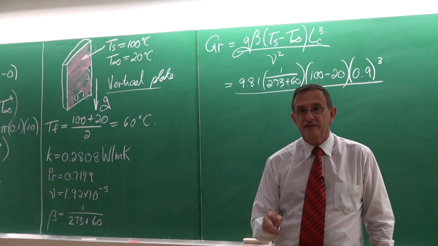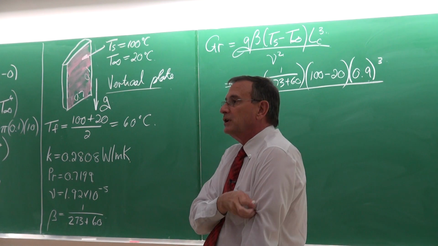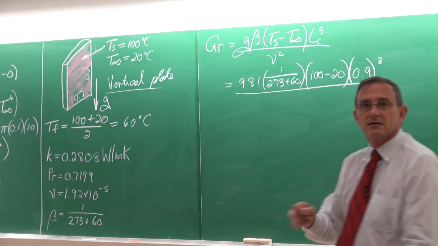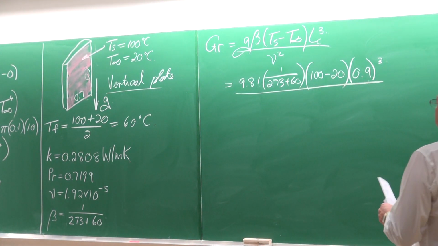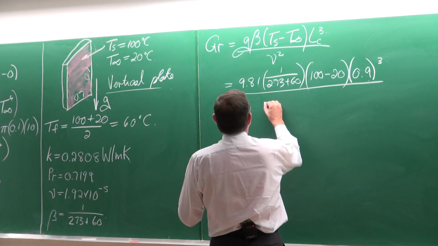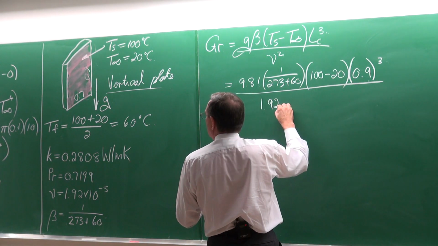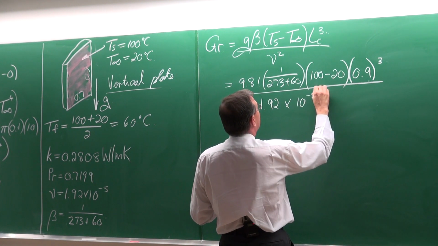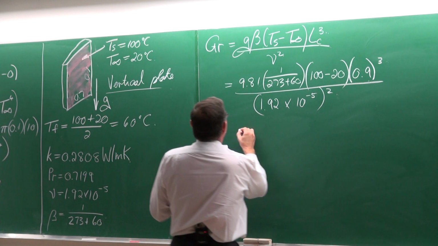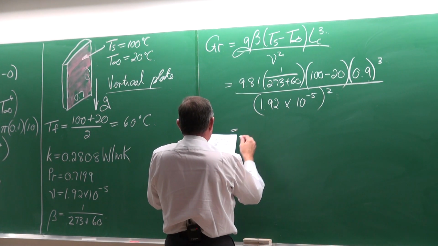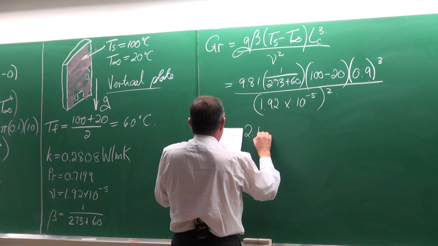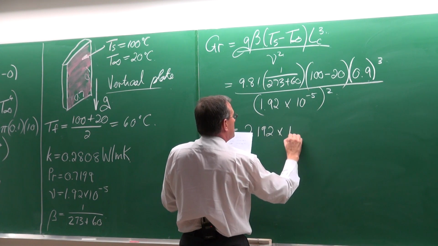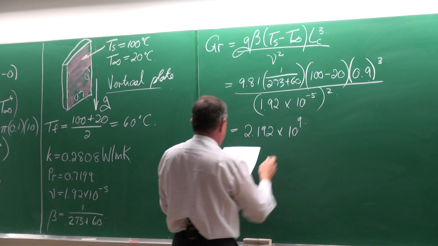So it's very simple. If it's not in the table, most probably it's an ideal gas, and you can use the ideal gas equation. The kinematic viscosity is equal to 1.92 multiplied by 10 to the minus 5, squared, and the result is a Grashof number of 2.192 multiplied by 10 to the 9th.